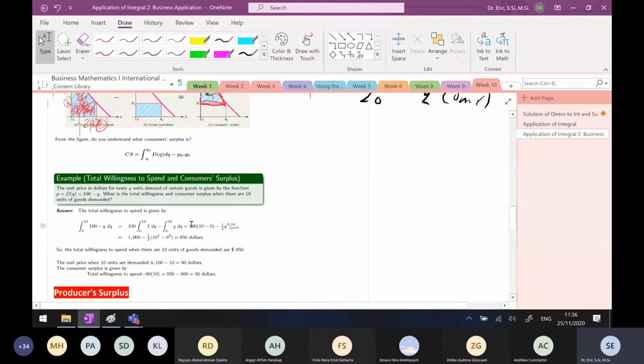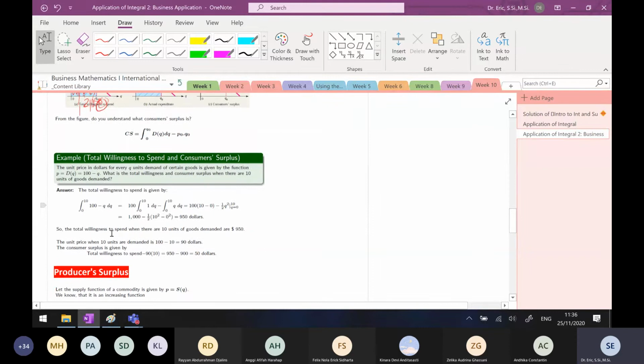So you have this is 1,000 minus a half times 10 squared minus 0. So you have 10 squared is 100 divided by 2 is 50. 1,000 minus 50 is $950. So as a consumer, you are willing to spend $950 if you want to buy 10 units of goods.